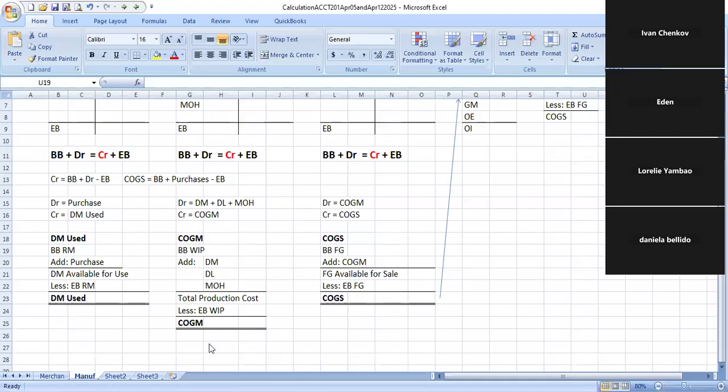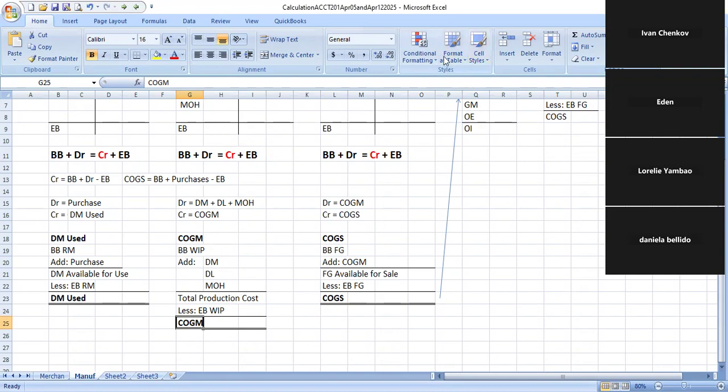From the Excel spreadsheet that we prepared in the class, you have to prepare something like this to get the cost of goods manufactured. First we have to get the direct material used. Once you get the material used, you're going to have direct labor, manufacturing overhead, and then you're going to have production cost. We add the beginning balance and then deduct the ending balance. You're going to get cost of goods manufactured.